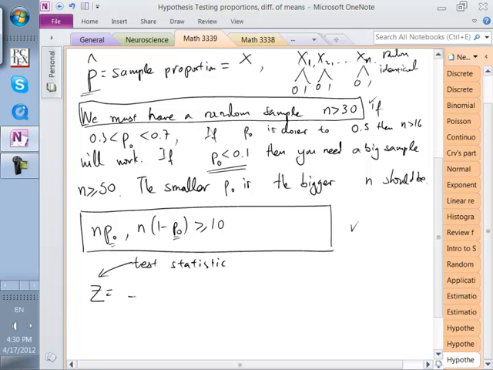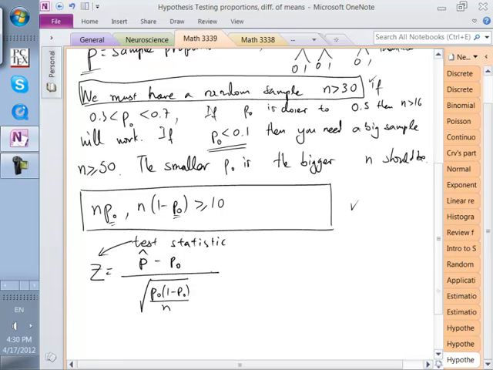And Z here is p hat minus p sub 0, divided by the square root of p sub 0 times 1 minus p sub 0, divided by n. Okay? That's it.